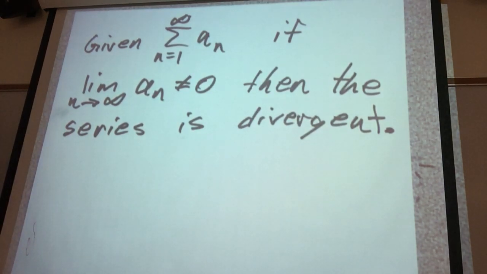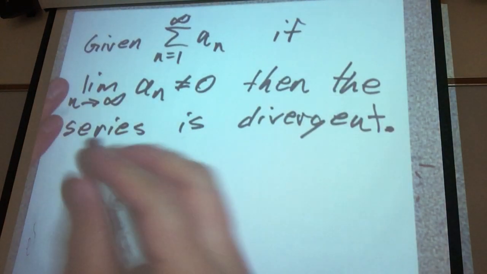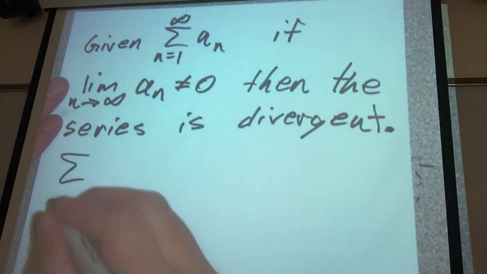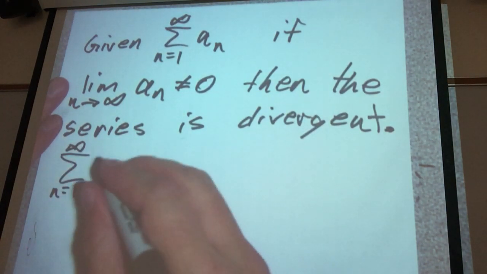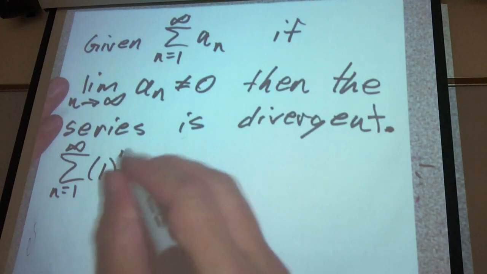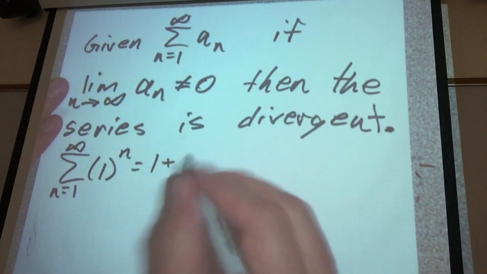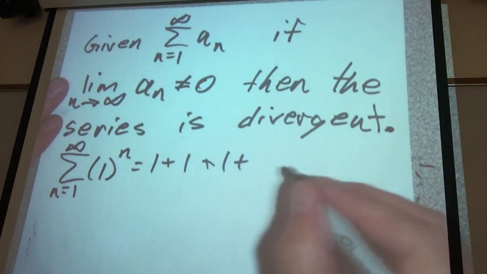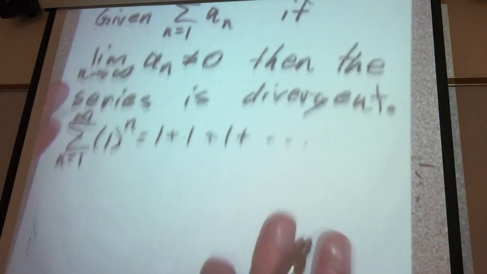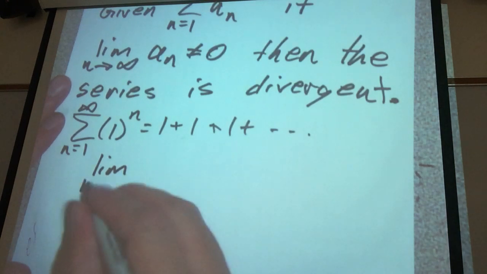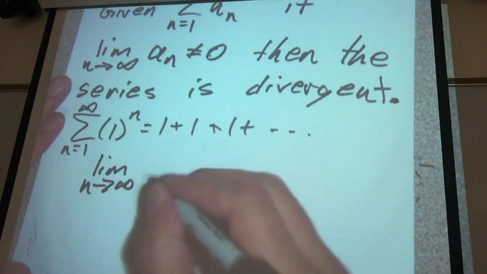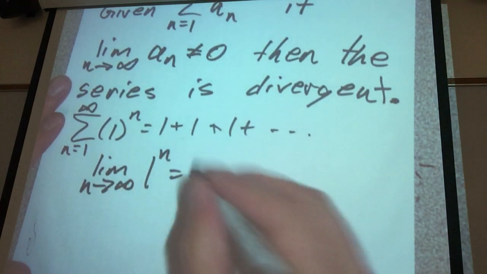So if you have something like, I don't know, the sum n equals 1 to infinity of just 1 to the n, which would be 1 plus 1 plus 1 plus dot dot dot. Well, the limit as n tends towards infinity of 1 to the n just equals 1.